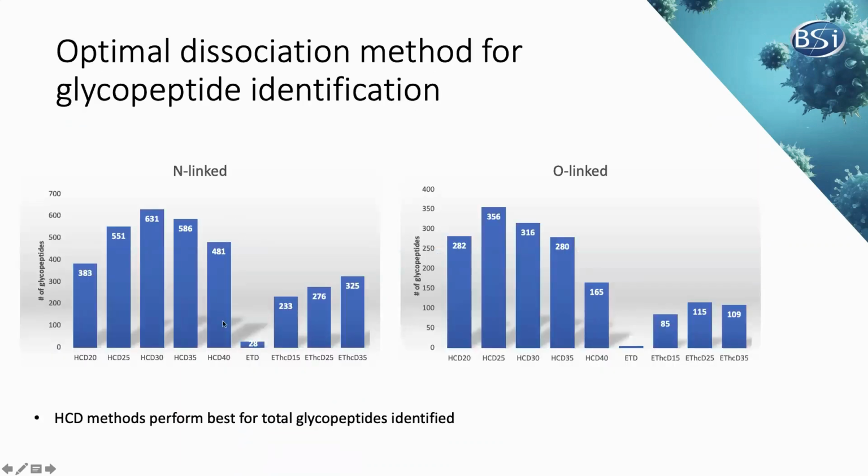So in terms of N-linked glycopeptides, it appeared that HCD methods far outperformed EThcD methods in terms of total numbers, whereas HCD with 30% collision energy achieved the highest number of N-linked glycopeptides, and HCD of 25% collision energy achieved the highest for O-linked, again, far outperforming the total number of EThcD glycopeptides identified. And these are all peptides that passed our FDR cutoff.